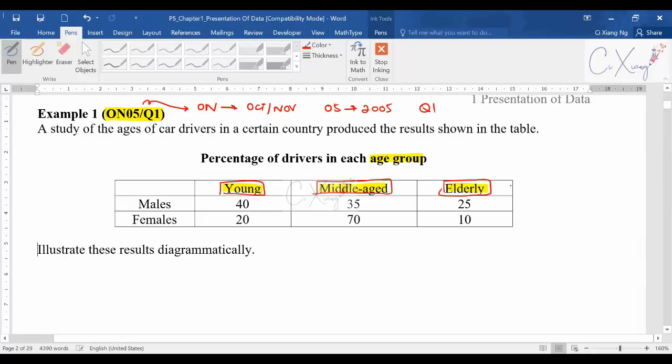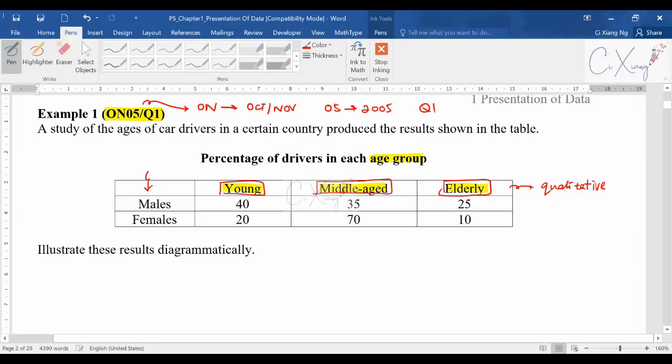So because of these three groups, we call them qualitative. Because when they separate or differentiate all the age groups, they are not using numbers, but they are using names: young, middle age, and elderly. So they are considered qualitative data.